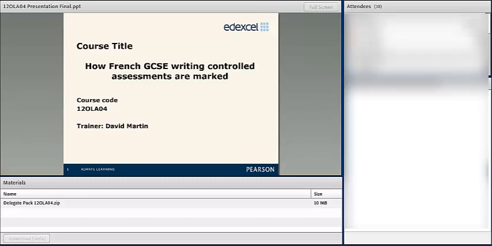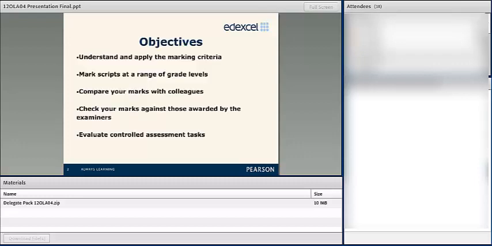And just a few words now about the objectives of today's meeting. It's very much to do with marking online, marking controlled assessments, and that's all.